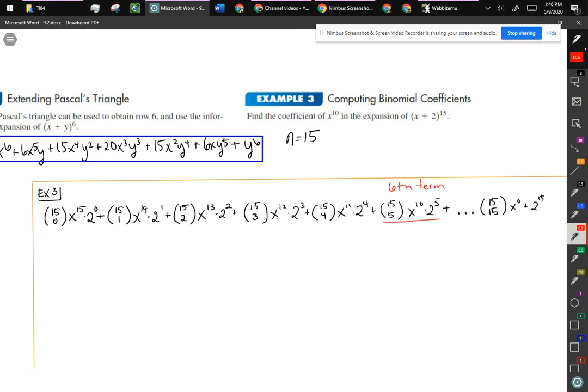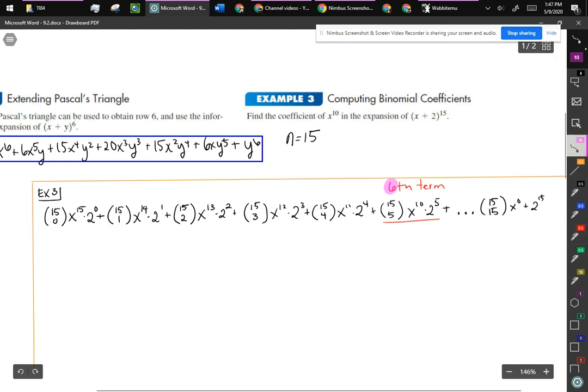And if I have, let's say, the seventh term or the eighth term, what I want to do is make sure in my mind I understand that the sixth term helps me determine which r it is. Now, this question specifically said, get me the coefficient for x to the 10th, but traditionally speaking, I like to emphasize which term number I'm looking for.